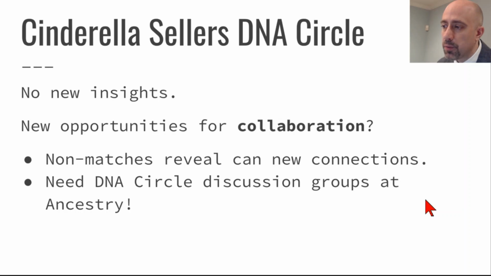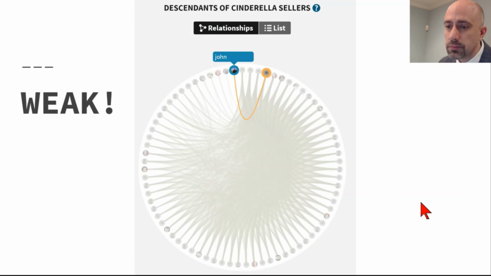I would say if we are ever to use the DNA circles as advertised, as a tool for accelerated collaboration, we really need discussion groups within the circle so that we can work together as a group.